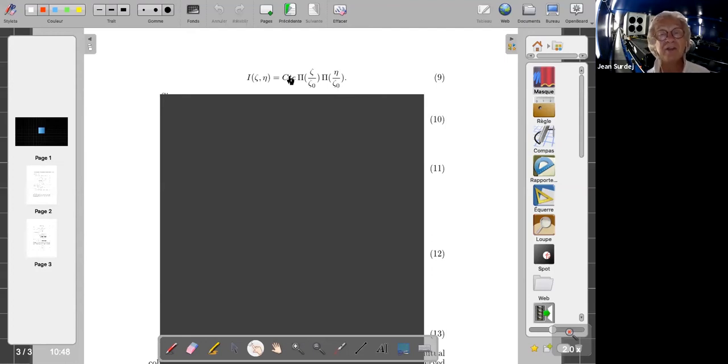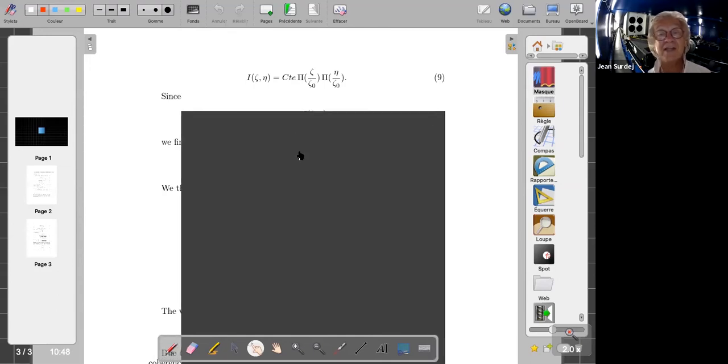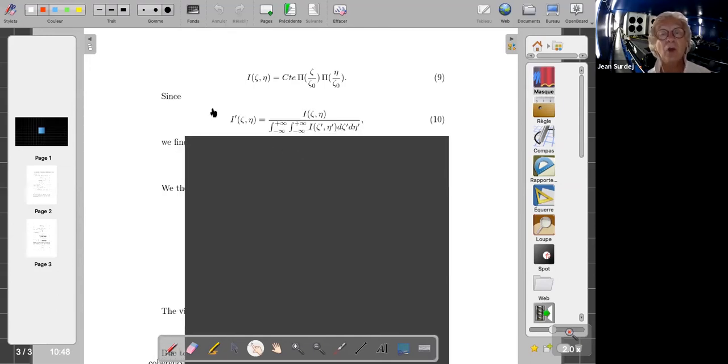Now I would like to fix the constant because, as I said, we are going to use the normalized intensity distribution, which is this quantity given by equation 9 divided by its integration over the coordinates. Now, it's quite obvious that the normalized intensity will be equal to that expression divided by the angular size of the star.